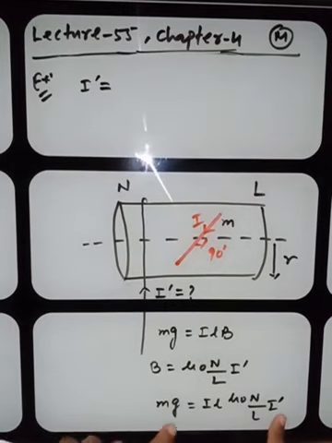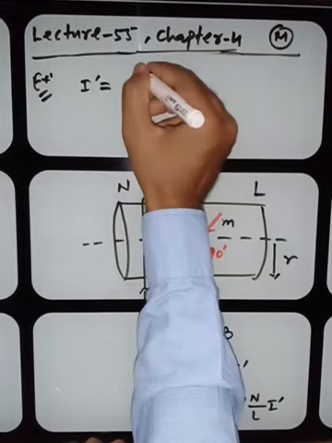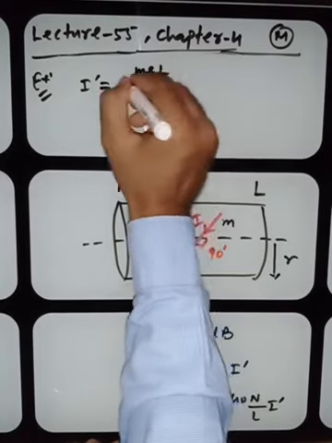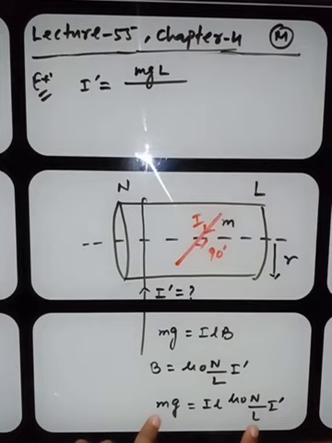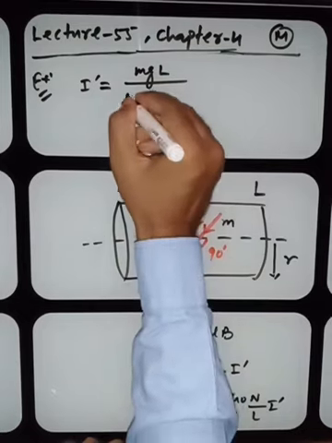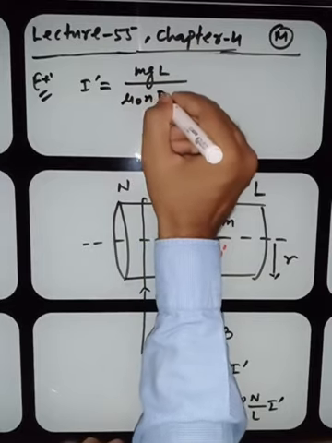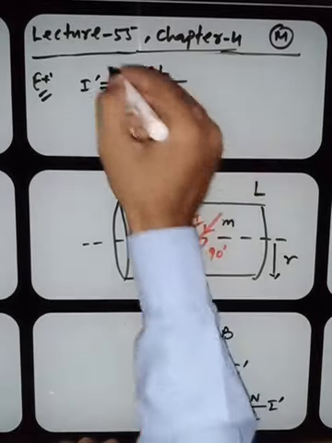Thus I dash will be mg L divided by mu naught N I, with small n.